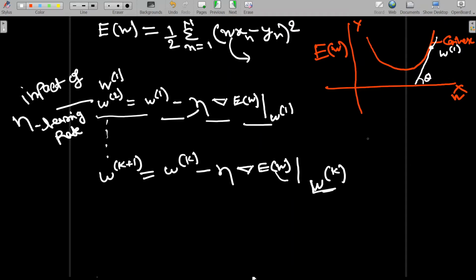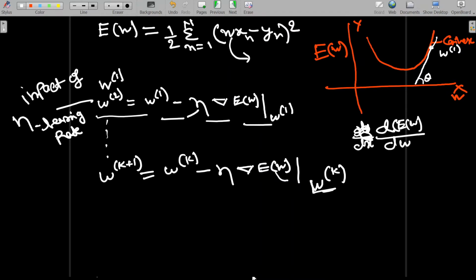The slope you can calculate by using the first derivative also. If you calculate the partial derivative, dy by dx with respect to w, that means if you differentiate this error function with respect to w, that also will give you the slope. But in the negative direction of its gradient, what is the actual meaning of that?